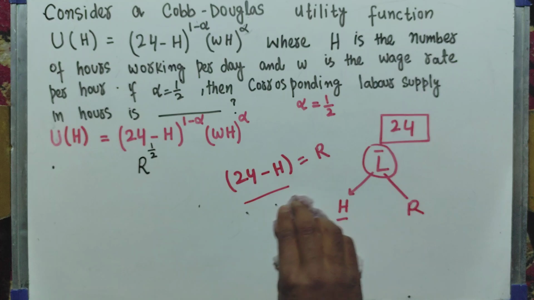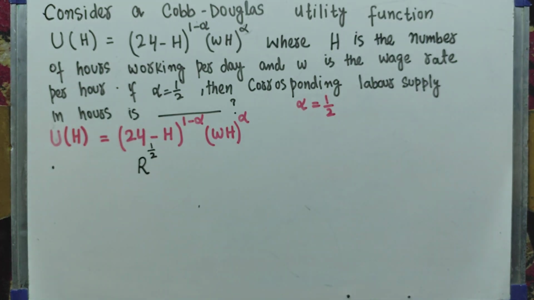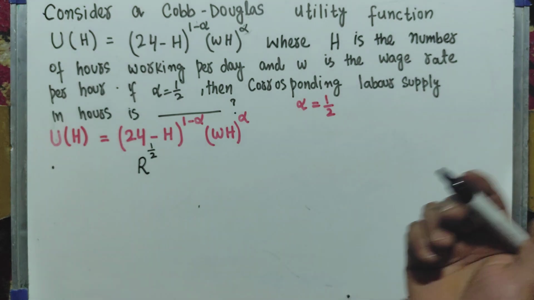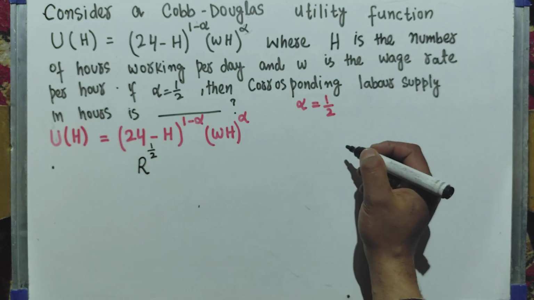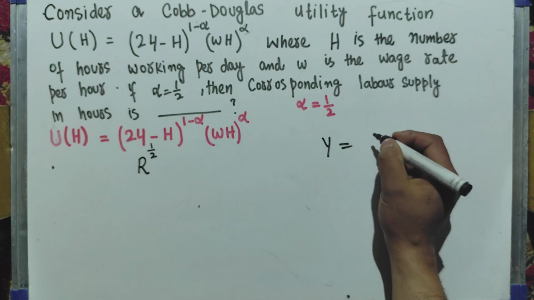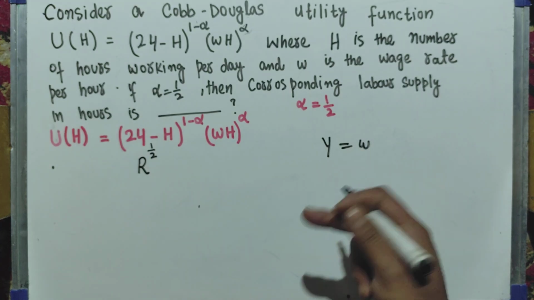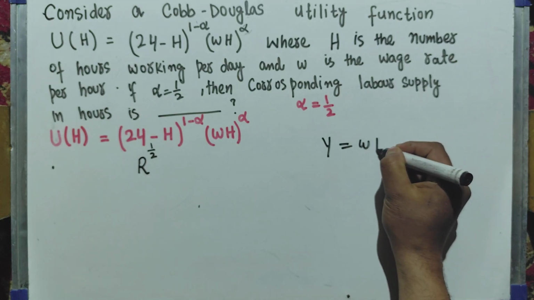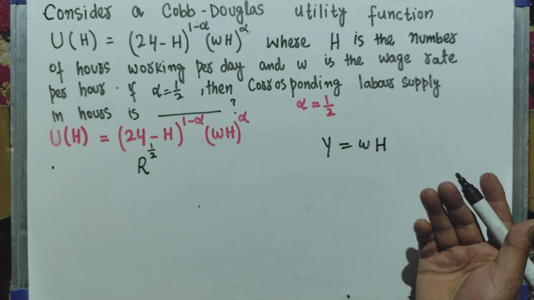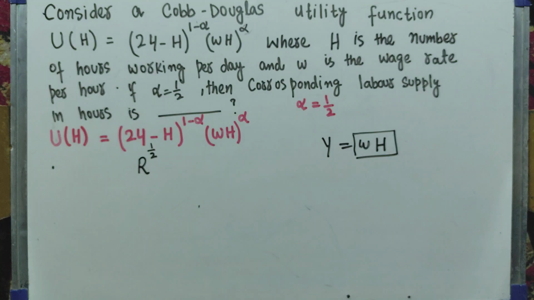Okay, having said that, what about W and H? Now in the work-leisure model, what will be the total income? The total income of the person will be equal to the wage rate that he is getting per hour times the hours of work. That denotes the income of the consumer.